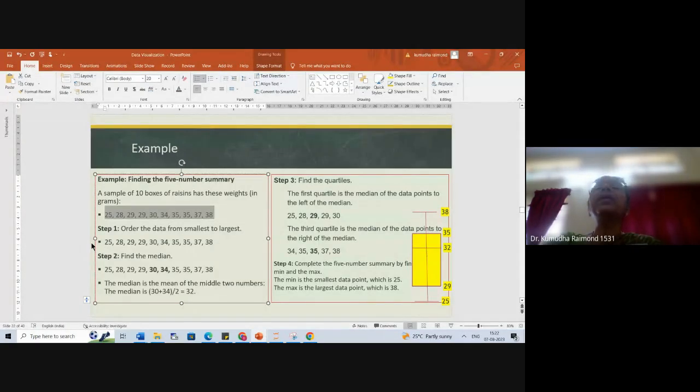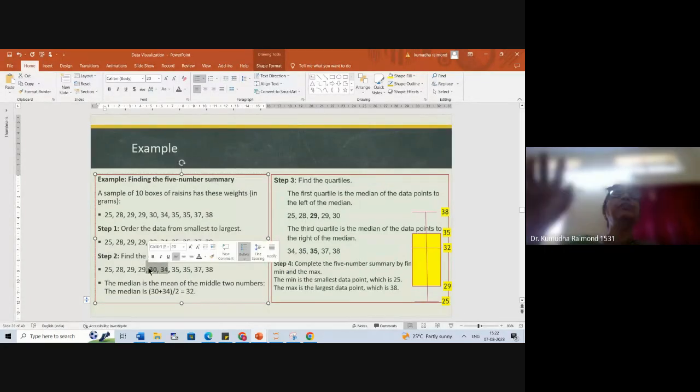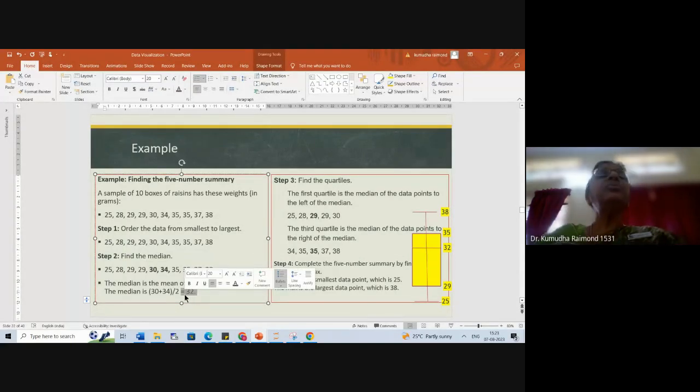The first quartile is the median of the data points to the left of the median. For example, what is the median here? It is 32. I picked 30 and 34 together because of an even number of data points. So I take 30 and 34 together and calculate the average. So the value of 32 is actually the median now.